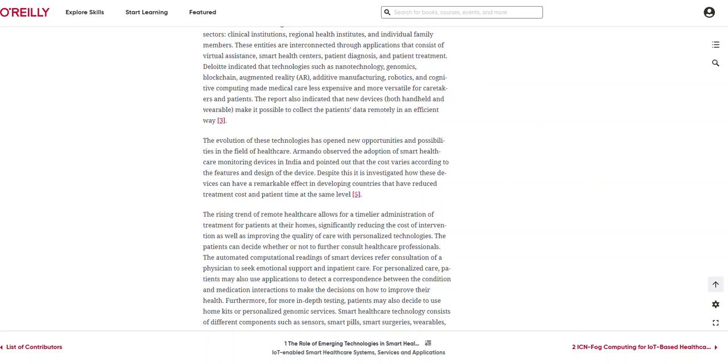Let's start off by defining what IoT in healthcare is, often abbreviated as IoMT, the Internet of Medical Things. IoT of medical things refers to a system of connected devices and applications that connect, analyze, and transmit health data over a network.